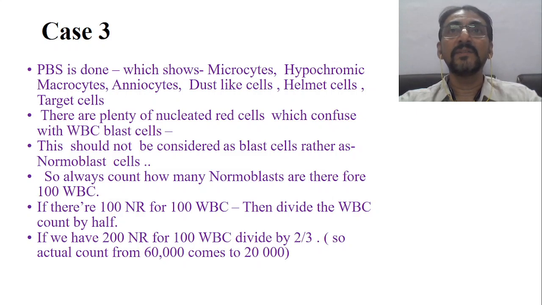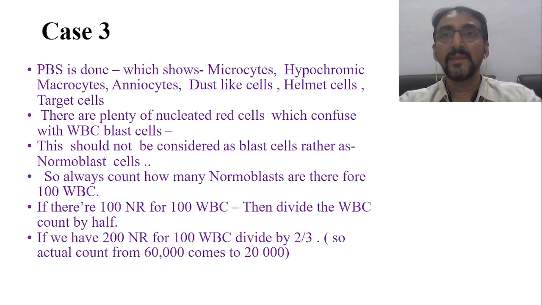All the WBCs, like neutrophils, are basically nucleus-containing cells. So when such RBCs come with a nucleus, they are wrongly counted under WBCs. This should not be confused with blast cells. We should not count these as WBC.